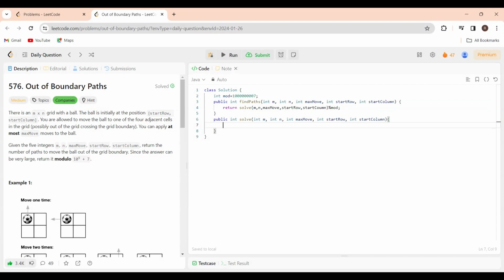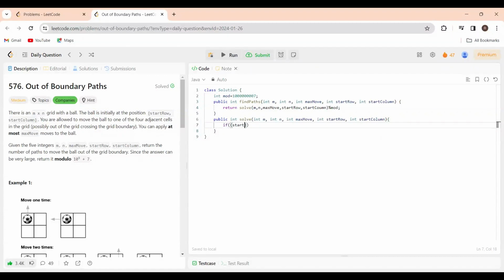So if the maximum moves are greater than or equal to 0, then we can say that the path is within the maximum moves only, right? So the number of moves the ball took to go out of bounds is less than or equal to max moves only, right? So this is how we'll be solving this problem.